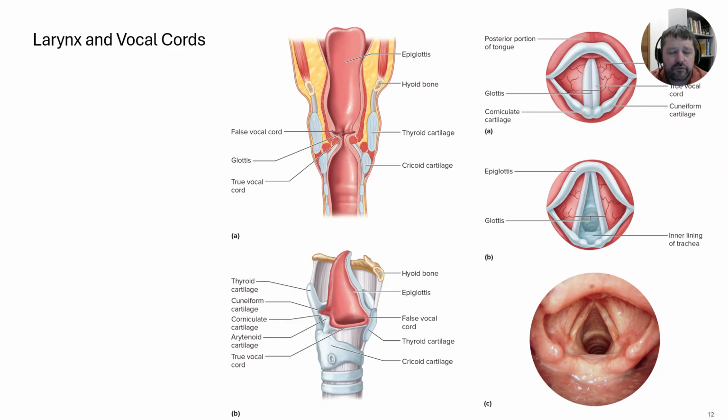The whole thing is typically referred to as the glottis, but that opening is controlled by those true vocal cords. When air passes through, it vibrates the true vocal cords, changes the amplitude and duration of the air that's traveling, and gives you different sound waves. That's what generates the sound coming from the vocal cords.